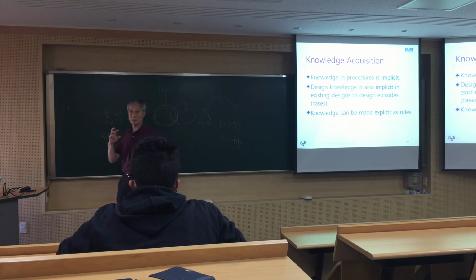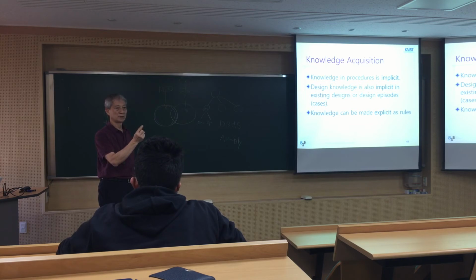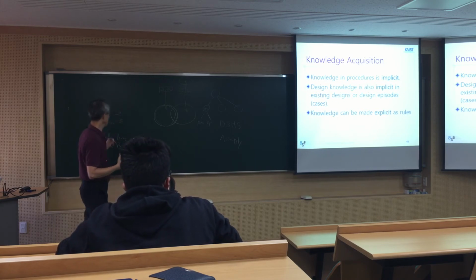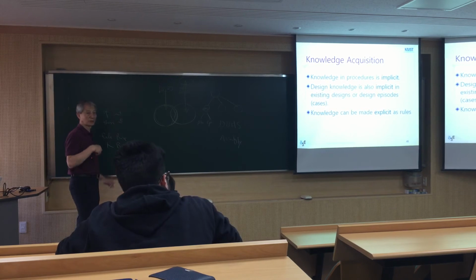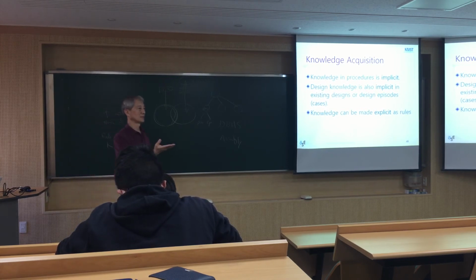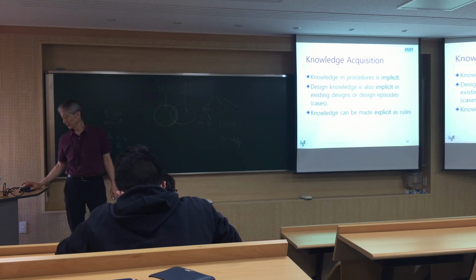We need to make the knowledge into explicit rules or other representations. It can be a sentence, so that we can collect them to make a knowledge base and then use them for your term project. Otherwise, you cannot use the computer.